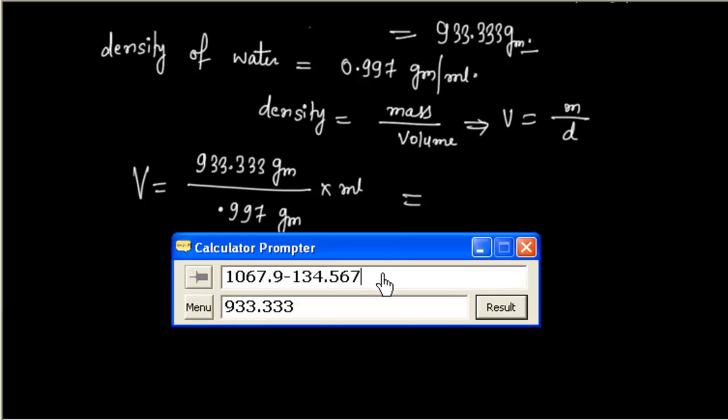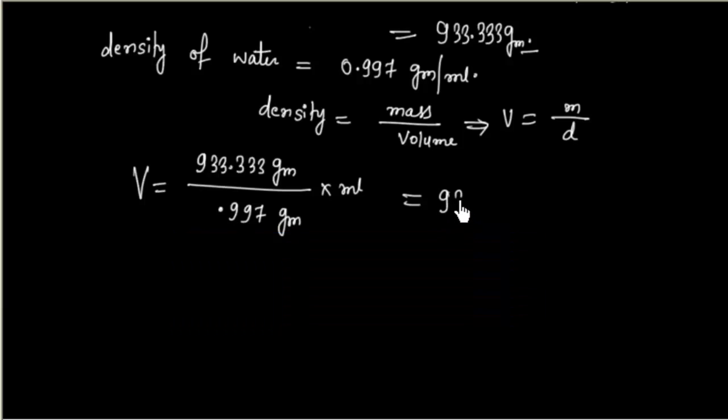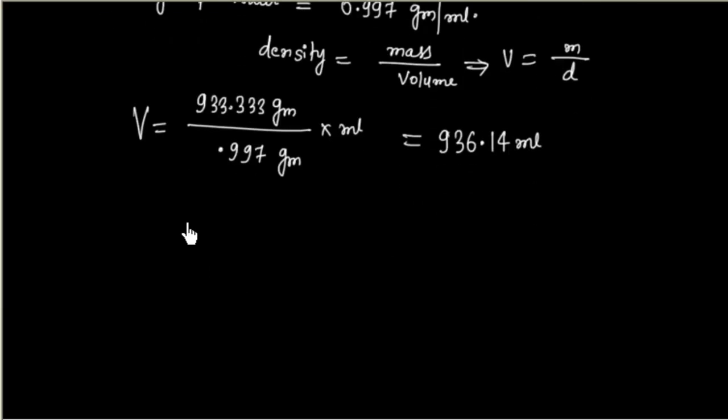So 933.333 divided by 0.997. This value is 936.14. So this is 936.14 milliliter. So we can convert into liter. So volume is 0.93614 liter.